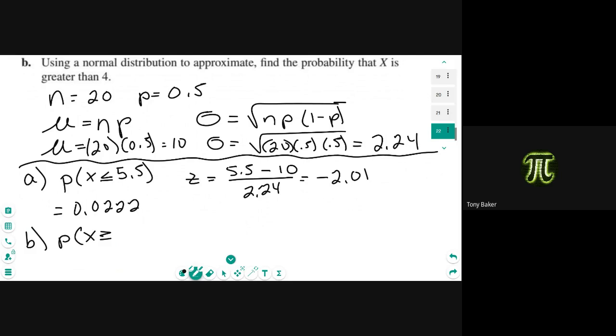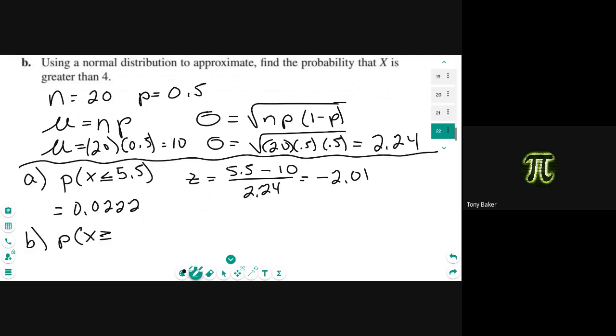Why 4.5? Would it, if we're going greater than 4? Why 3.5? Because we want to go a little lower to go up, right? It all depends on direction.